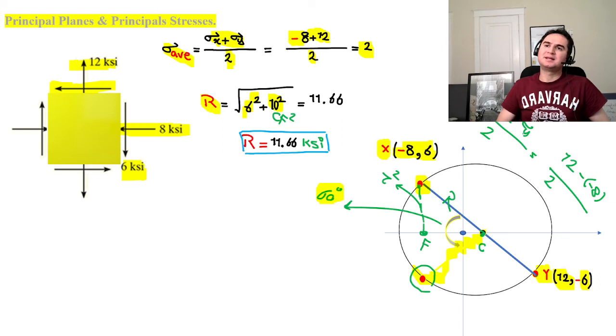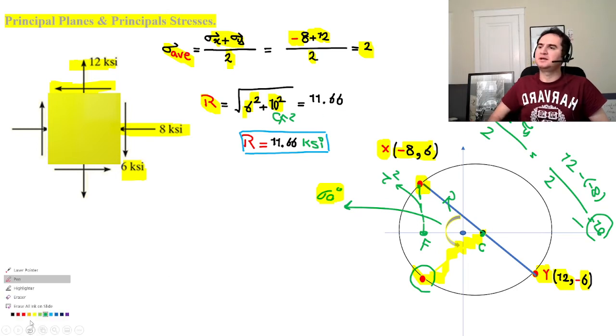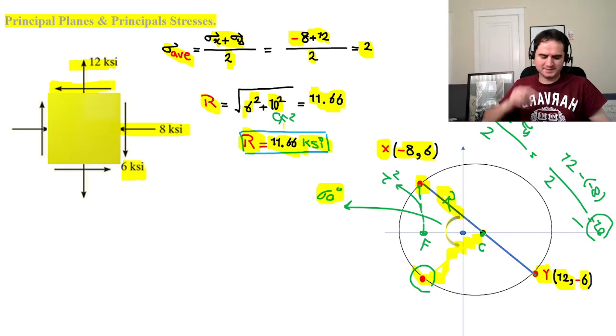So that's a numeric value of CF equal to 10. That's a negative 10, but we just need the square root of the square. So it gives us a radius of 11.66. So radius, or tau maximum, is 11.66.